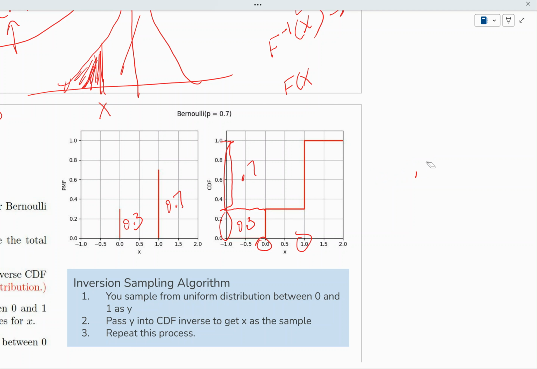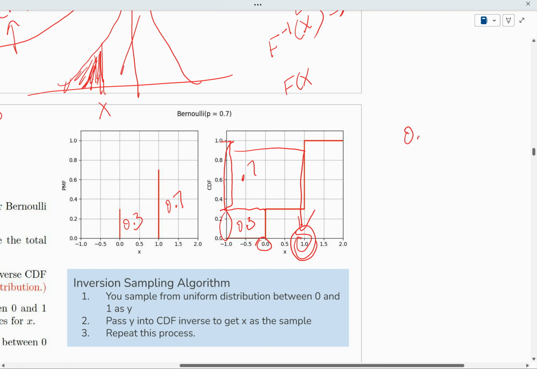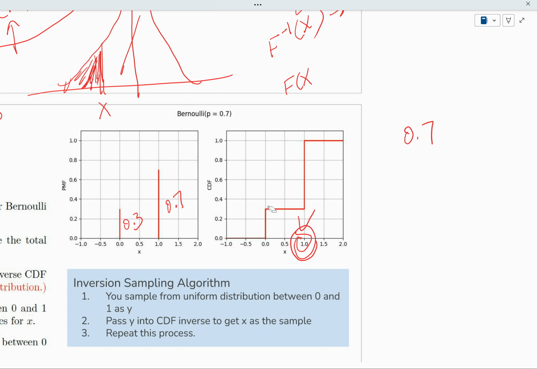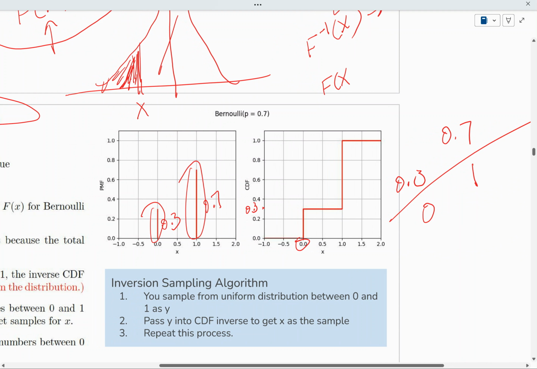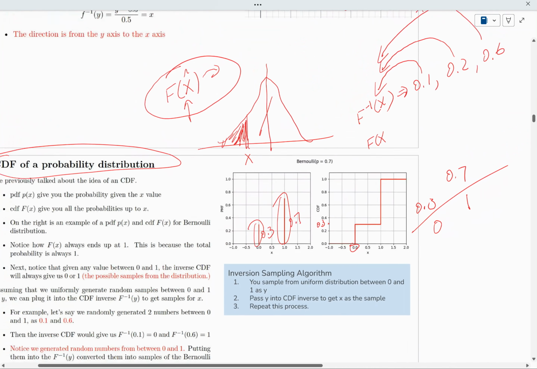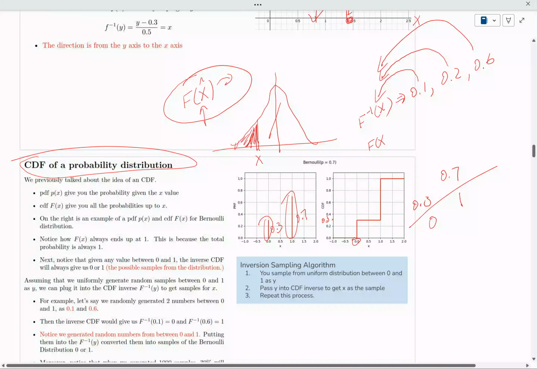This implies that the probability of generating a 1 is 0.7, and the probability of generating a 0 is 0.3. So if you were to generate a lot of samples, then 30% are going to be zeros and 70% are going to be ones, generating the exact same probability distribution we want.